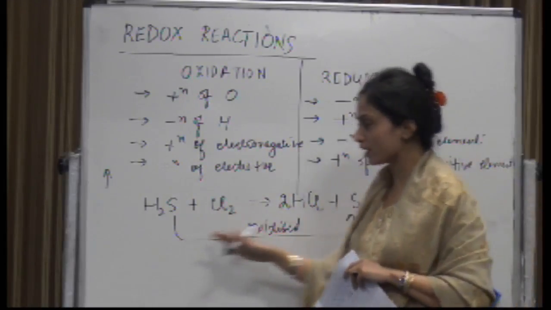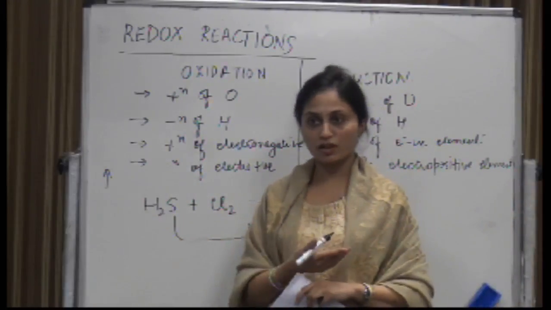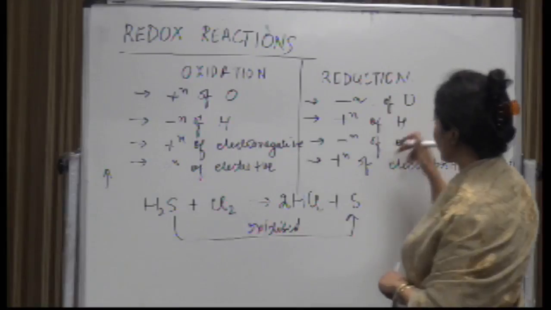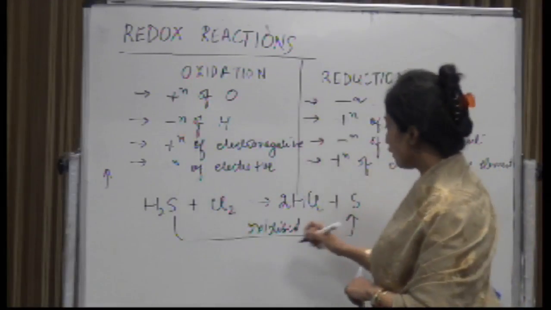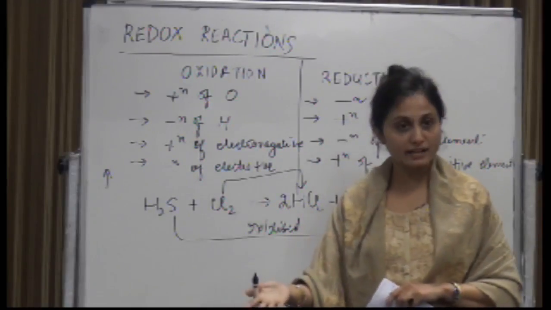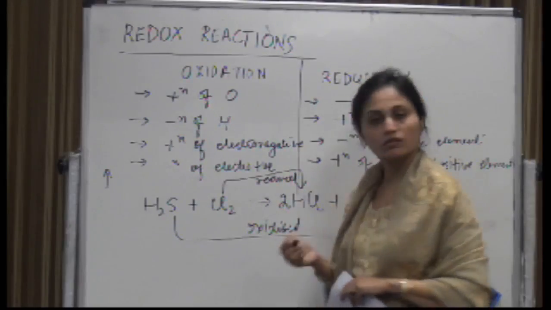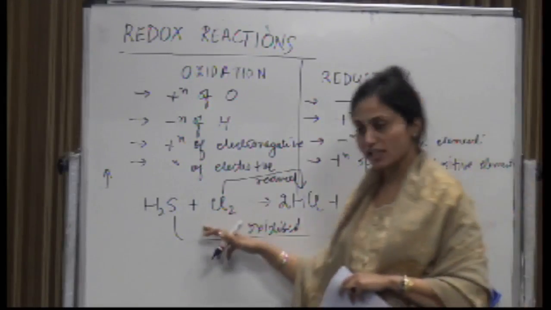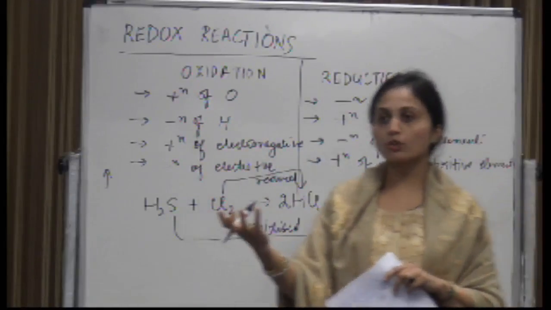Oxidation is happening to your H2S. If you simply look at the molecule, H2 got removed, and if H2 gets removed, then it's oxidation, right? Then for Cl2, H got added, so this is getting reduced. So you say reduction of Cl2 is happening and oxidation of H2S when you look at the molecule itself.